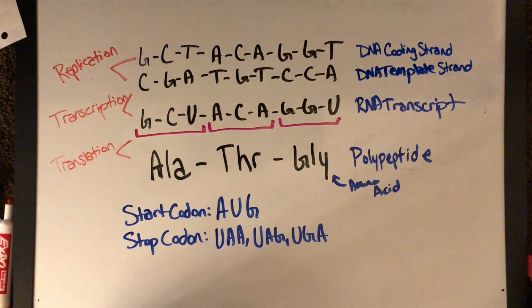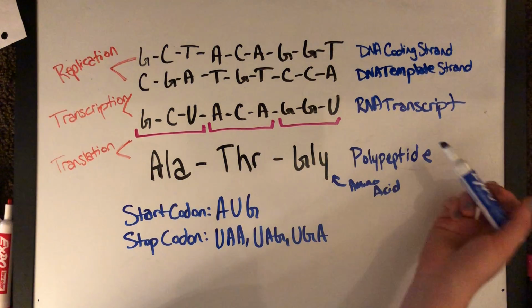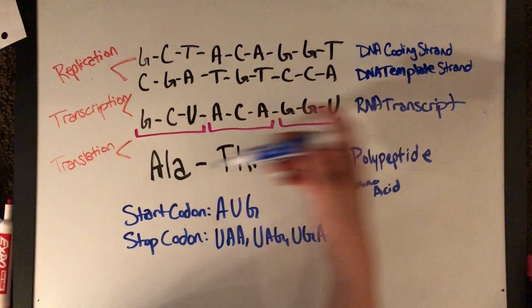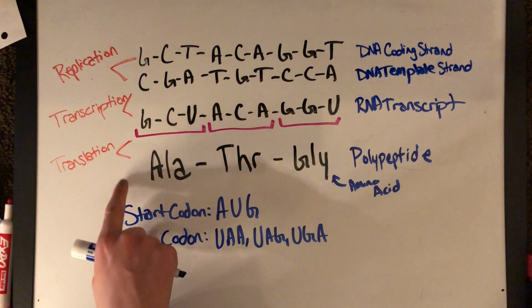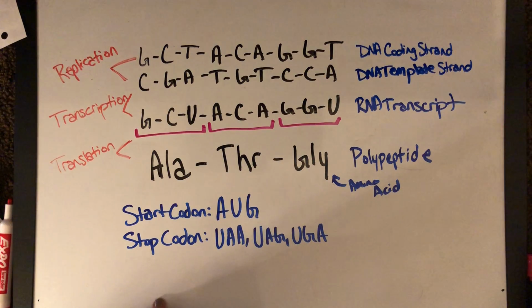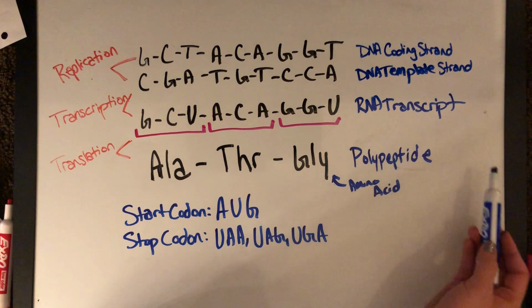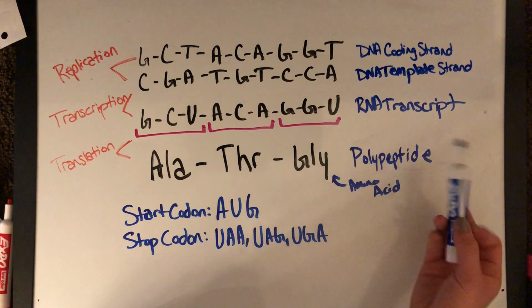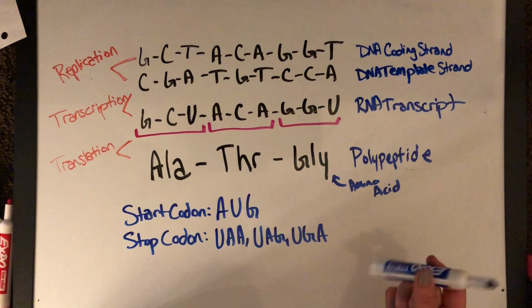If I were to have actually drawn out a full polypeptide, our first codon would have been AUG, and that would say to actually start protein synthesis, and then at the end of our polypeptide chain would have been one of these stop codons, and that would say to stop synthesis.